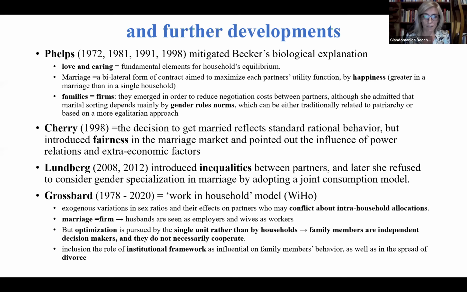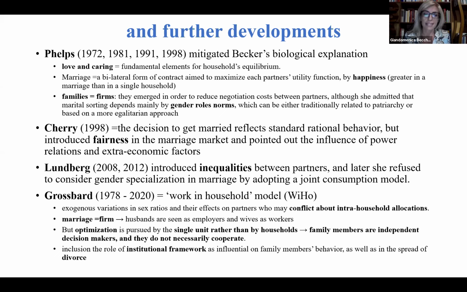She was particularly careful with the element of conflict about intra-house allocation. But still, she considered marriage as a firm where husbands are seen as employers and wives as workers. She was very careful in considering the composition of the household utility function by claiming that family members must be considered as independent decision makers.